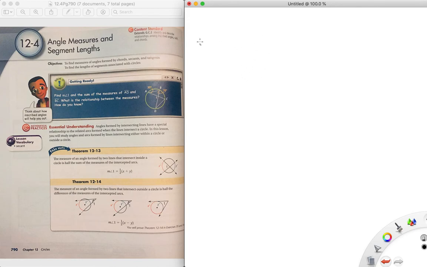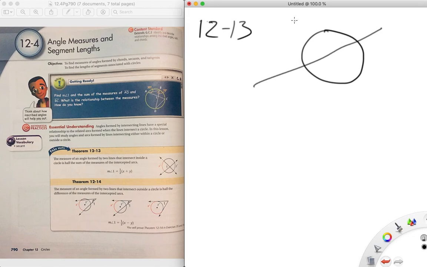And theorem 12.13 says that we have a circle. And with this circle, we have two lines that go through the circle, like so.